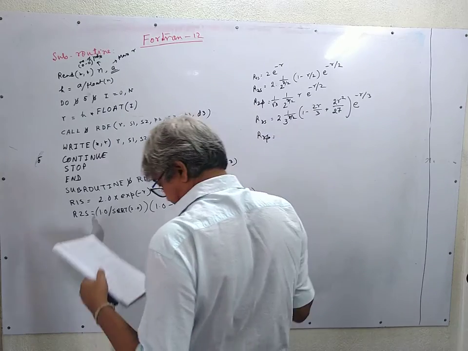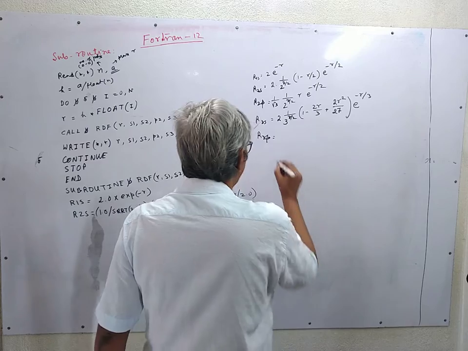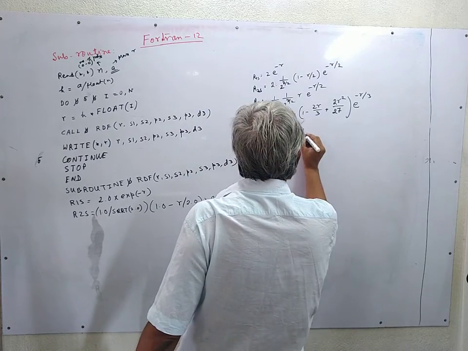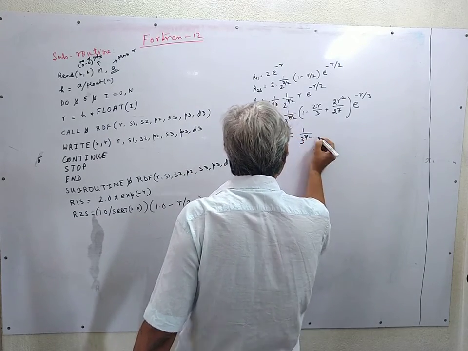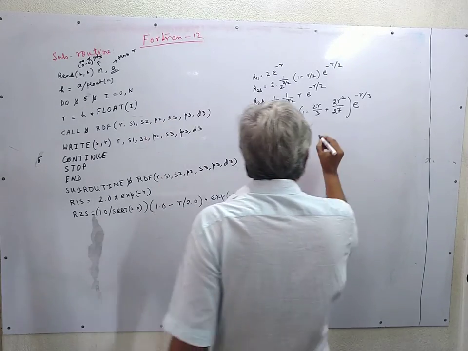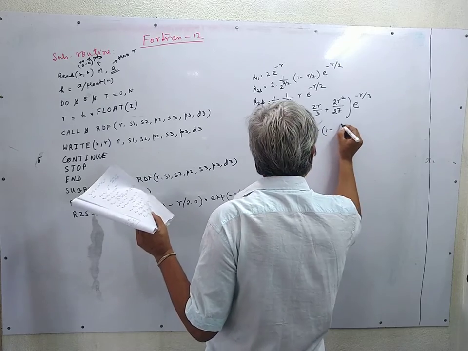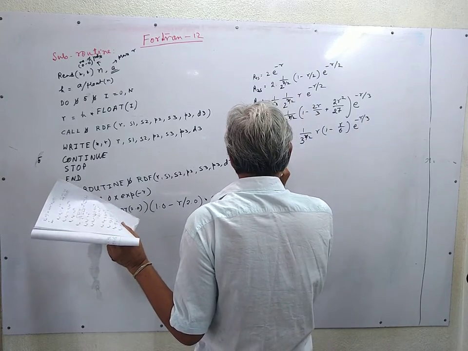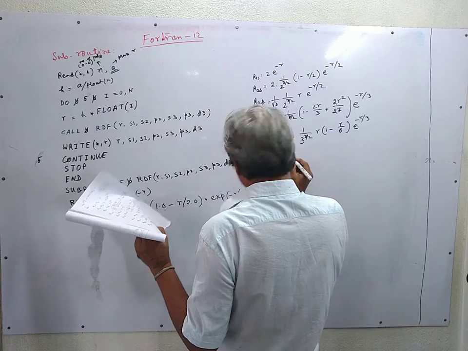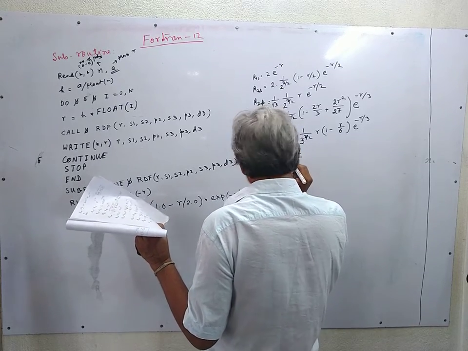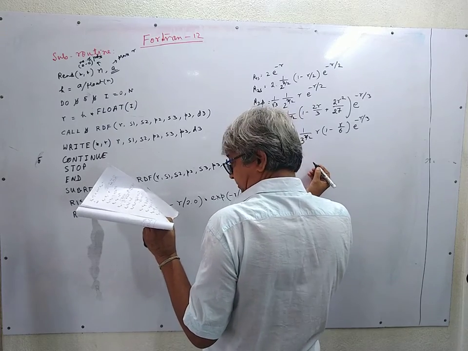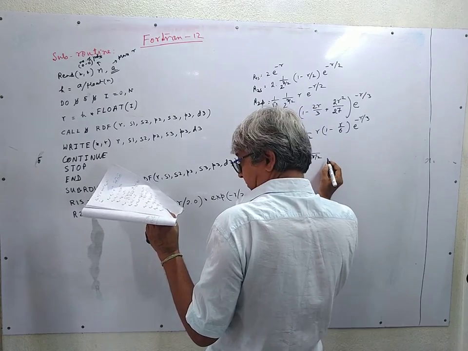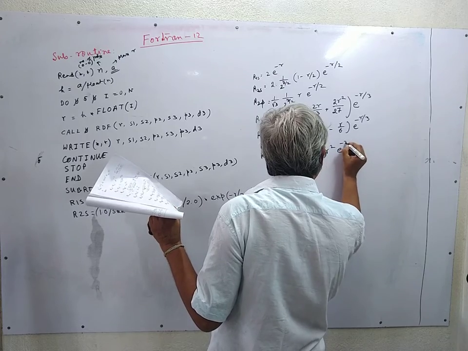R3p is 4 root 2 by 3, 1 upon 3 to the power 3 by 2, R into 1 minus R by 6 e to the power minus R by 3, and finally R3d is equal to 2 root 2 by 27 root 5, 1 upon 3 to the power 3 by 2, r square e to the power minus r by 3.